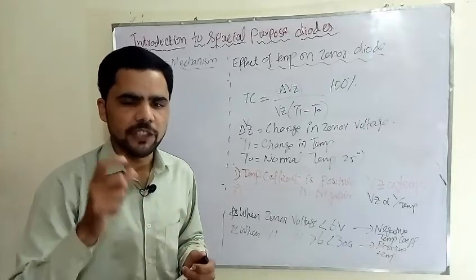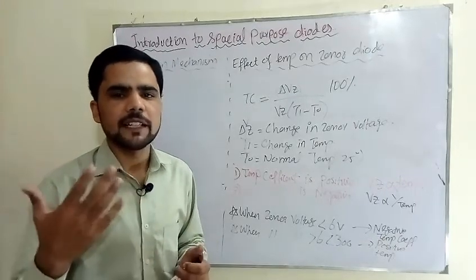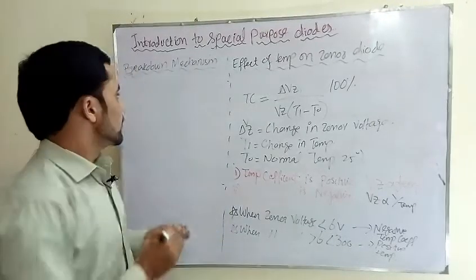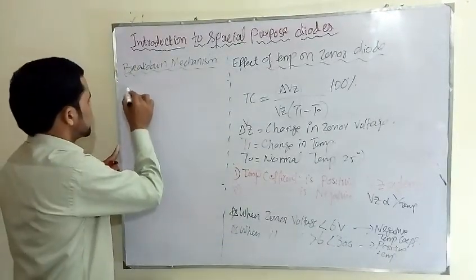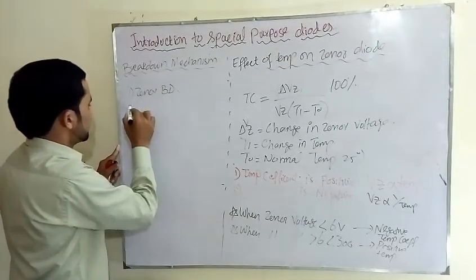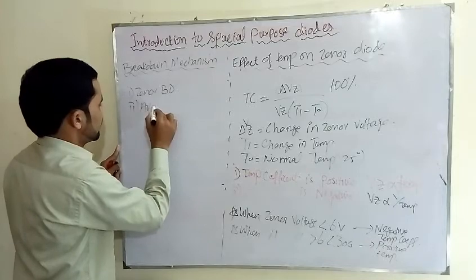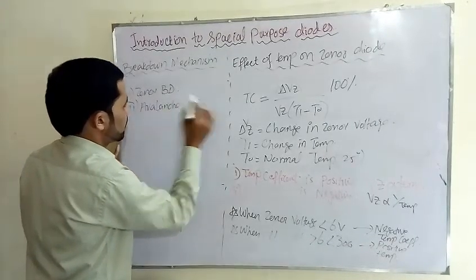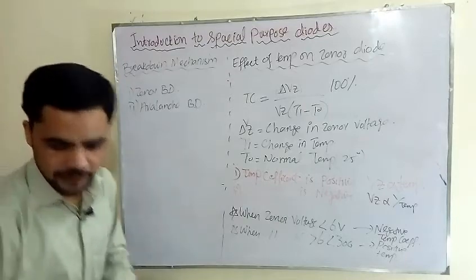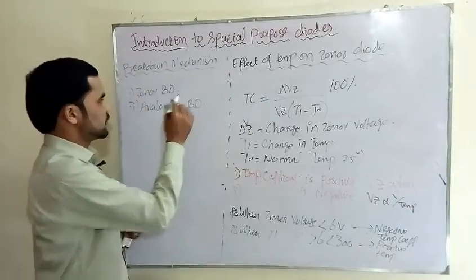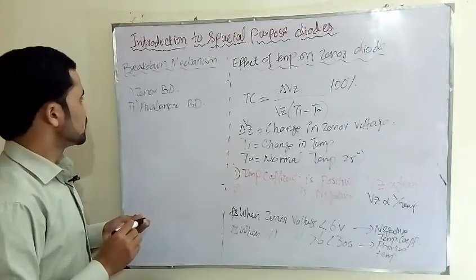First is Zener breakdown and second is avalanche breakdown. There are two types of mechanisms. Let's explain it quickly.